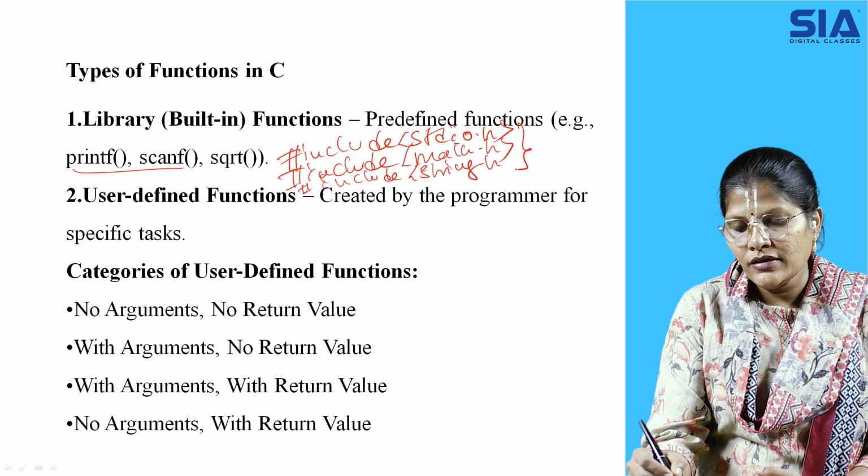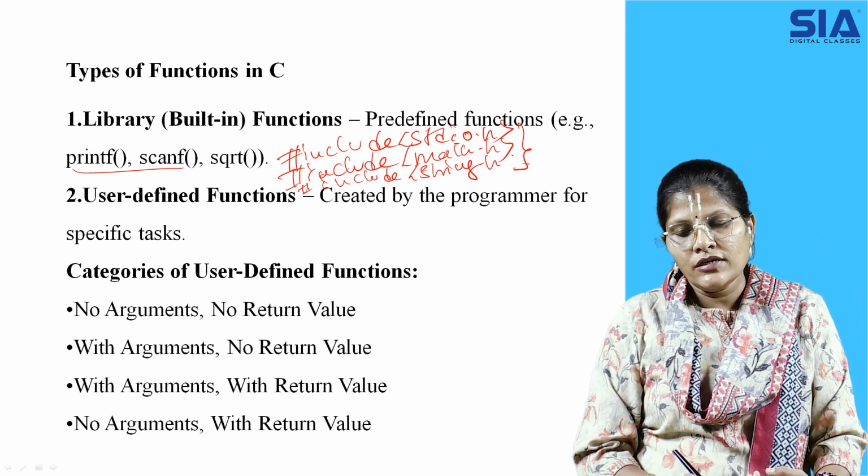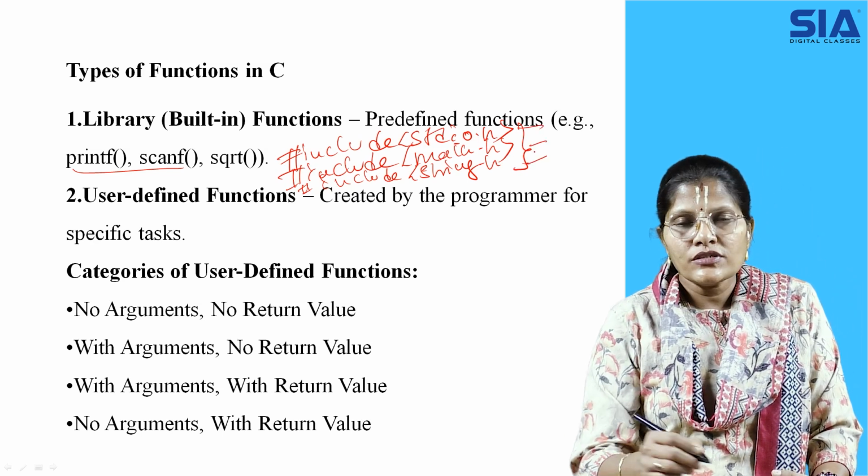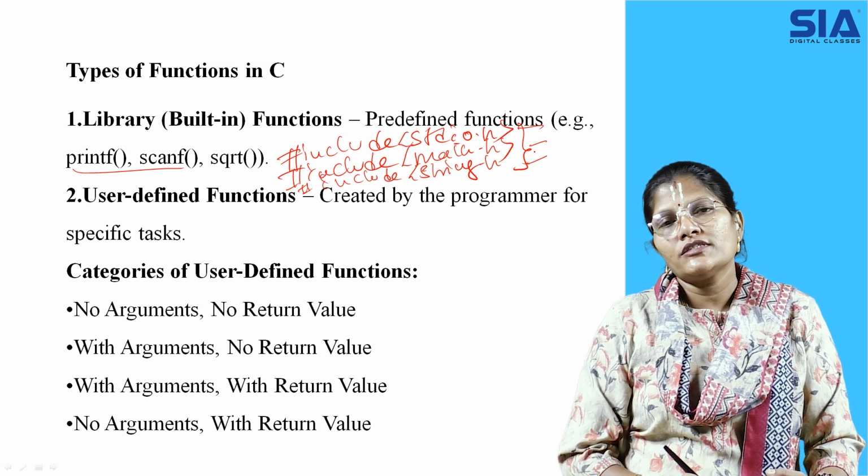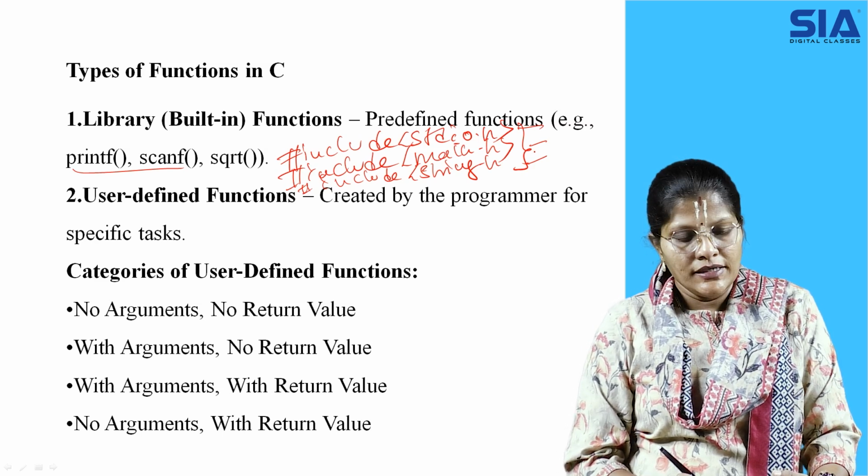These are all predefined header files which are already given, and there are n number of built-in functions which are already there. So that is why we categorize them into a group called built-in functions.